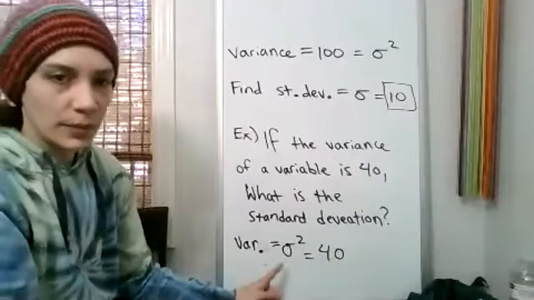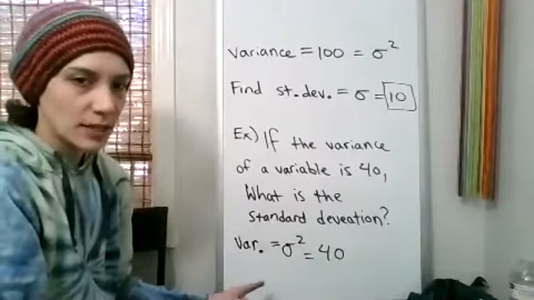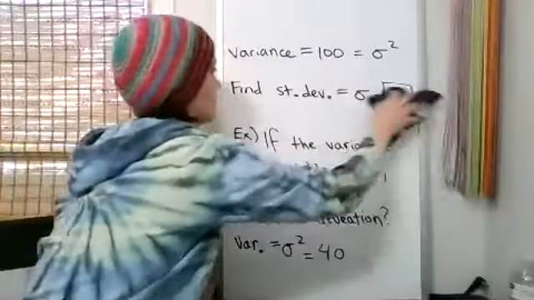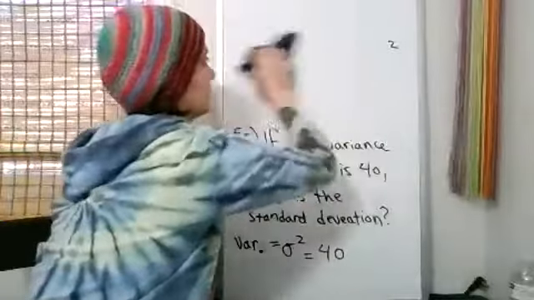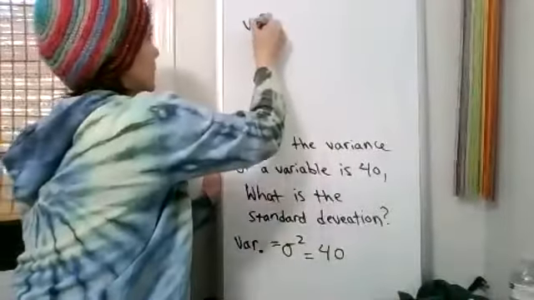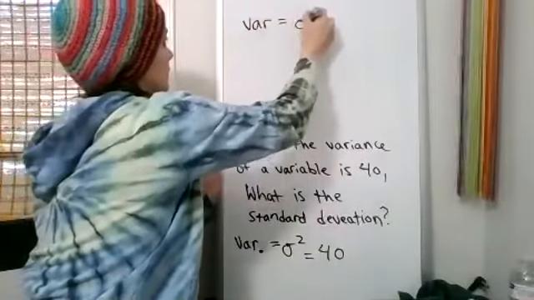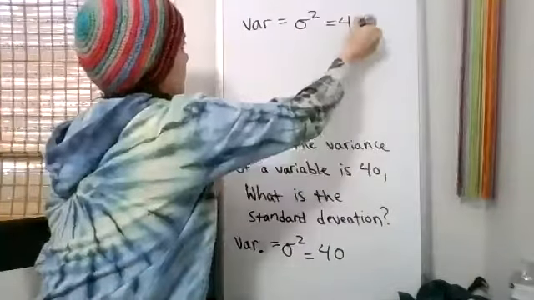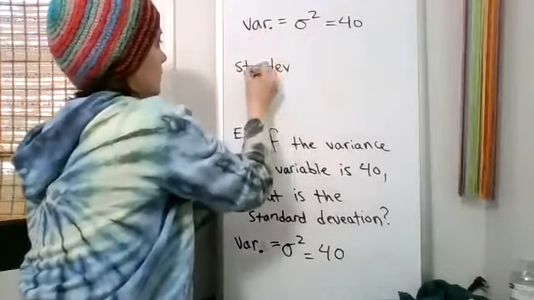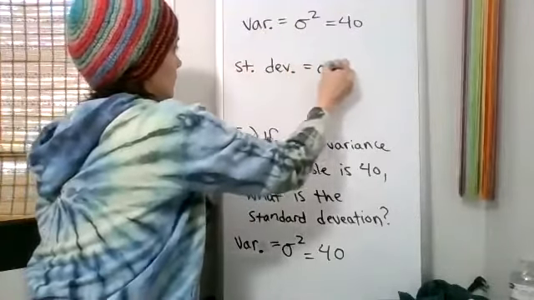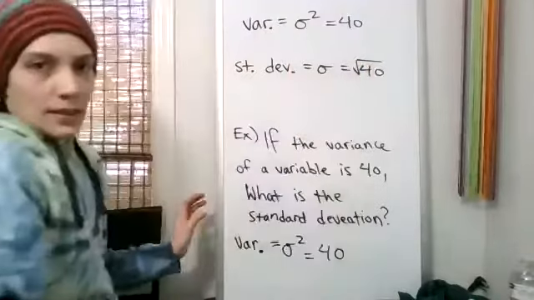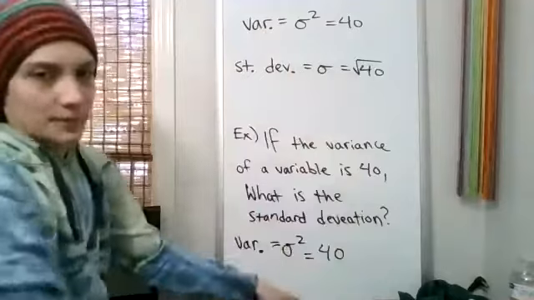So we'll square root both sides to get the standard deviation, which is sigma. And I would use a calculator.